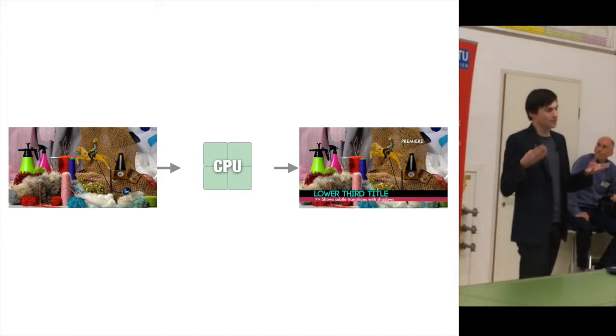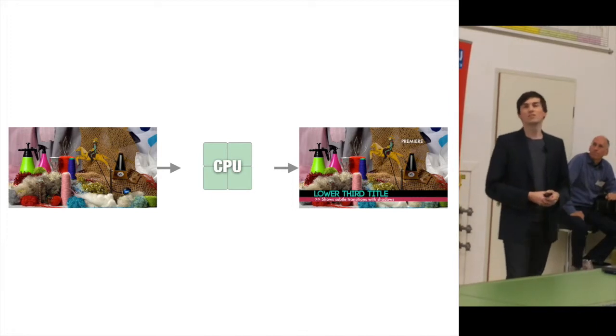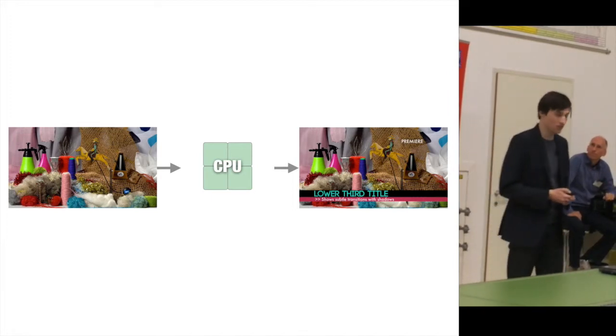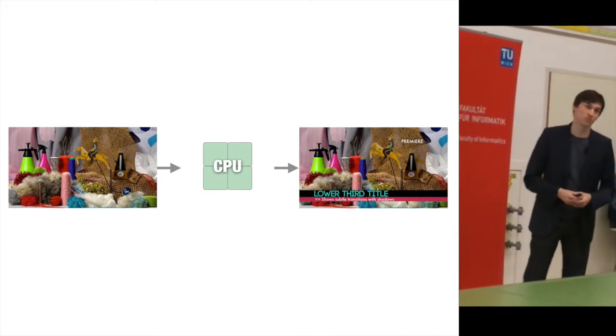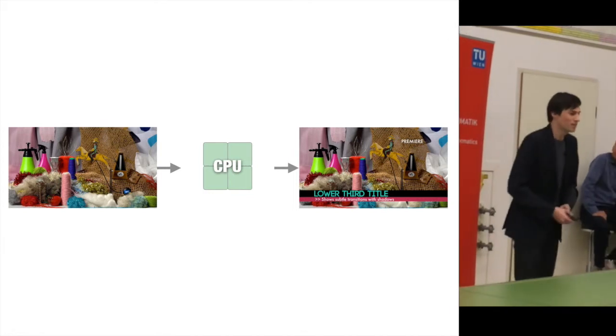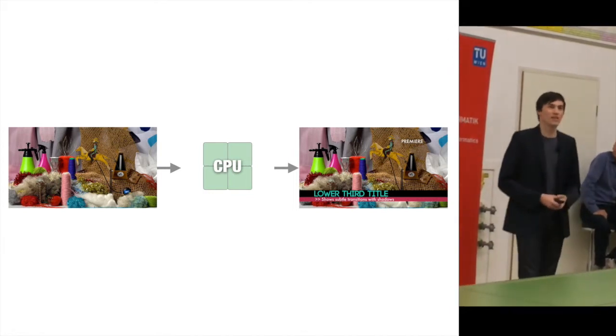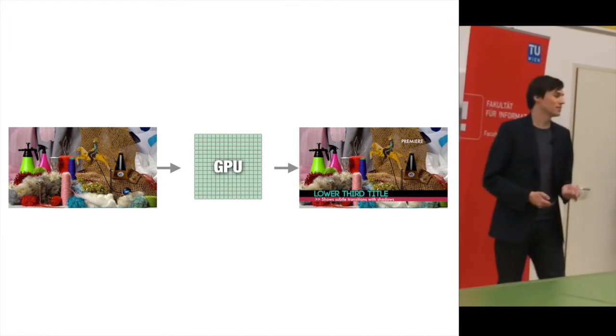However, the image processing algorithms are very easy to be parallelized. As you can see here in the diagram, the CPU only has 4 physical cores, maybe 6, maybe more if you throw one in. But the GPU has more than 1,000 cores that you could use concurrently to render a single frame.